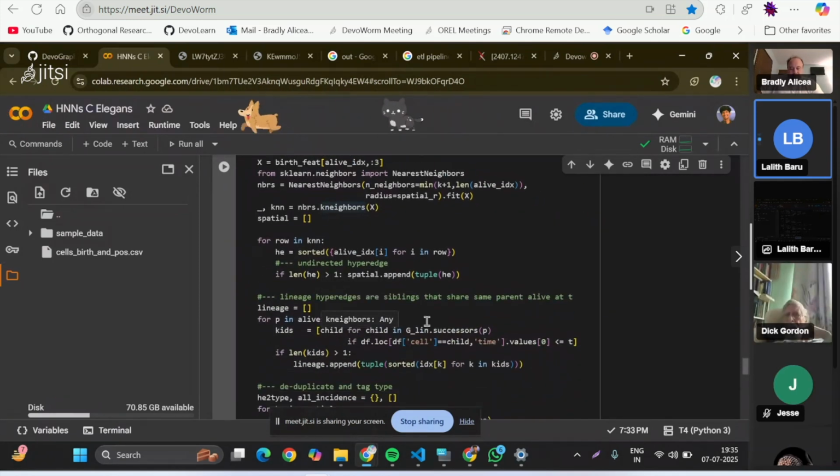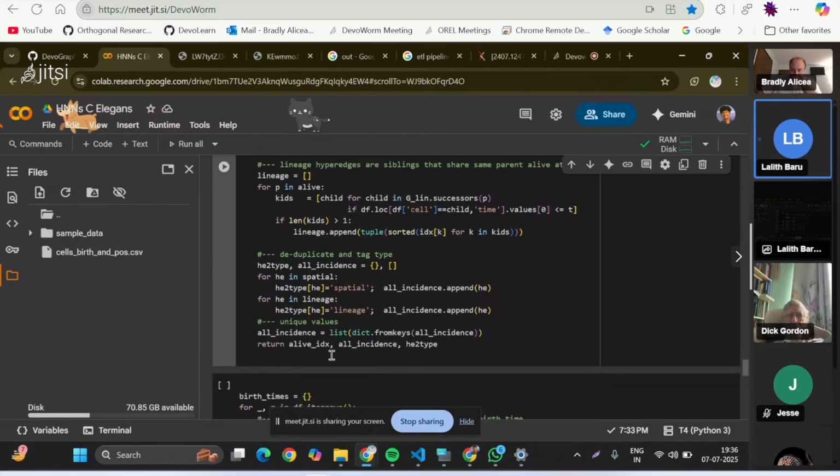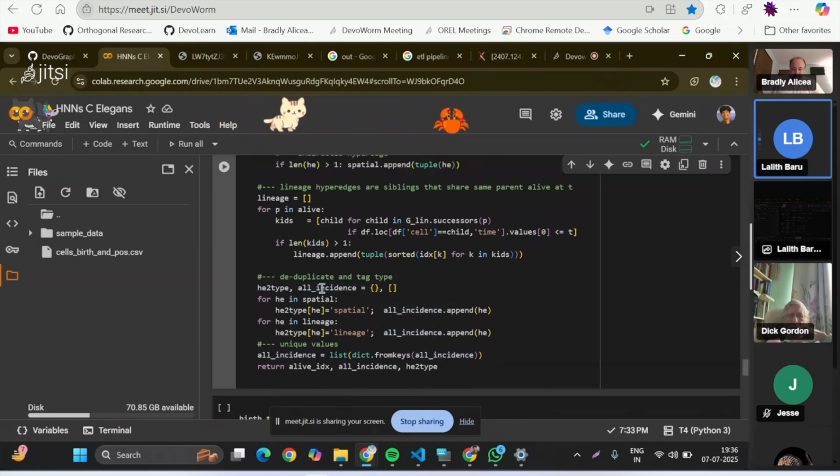In the next step, we acquire all these matrices, where the incidence matrix is basically like an adjacency matrix for a hypergraph.